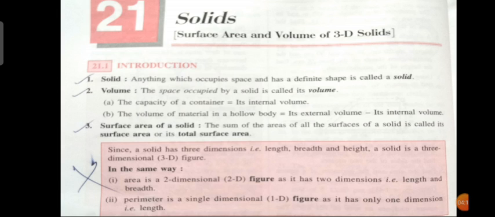Surface area of a solid is the sum of the areas of all the surfaces of the solid. Those surfaces are added to find the surface area of a solid, and that is its total surface area. Okay, that's the three main things.